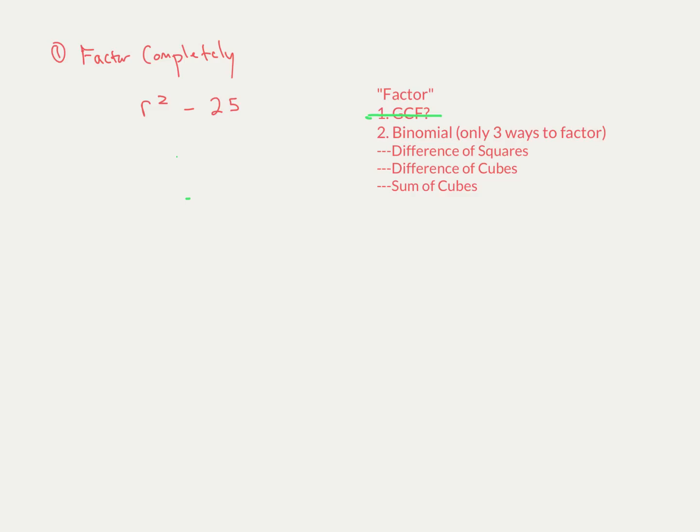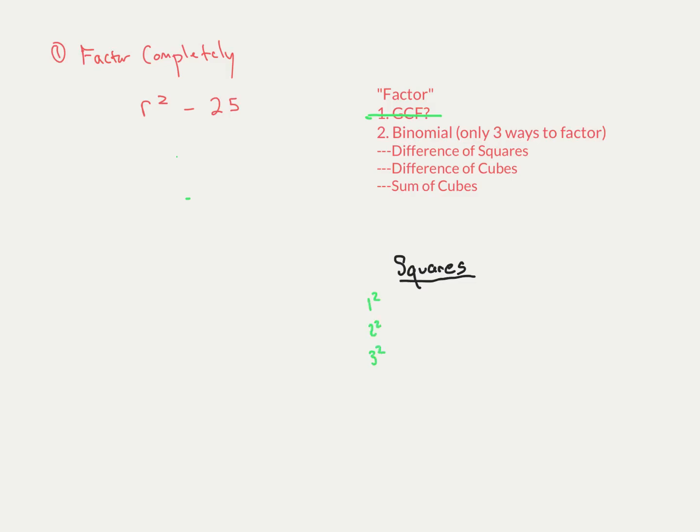And below here, I'm going to make a list of things that are squares. And squares can be made by squaring something. So I'll sort of outline the thinking: 1 squared, 2 squared, 3 squared.